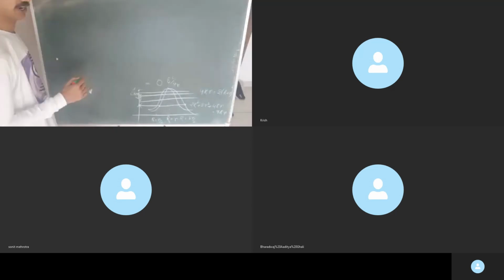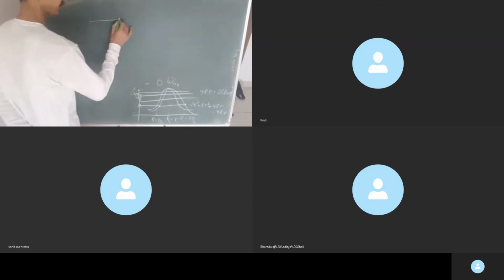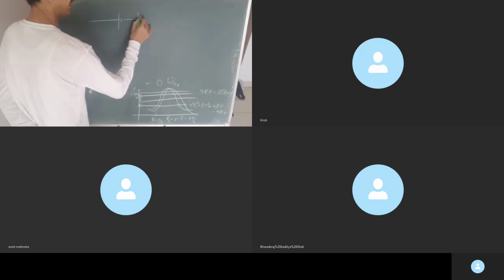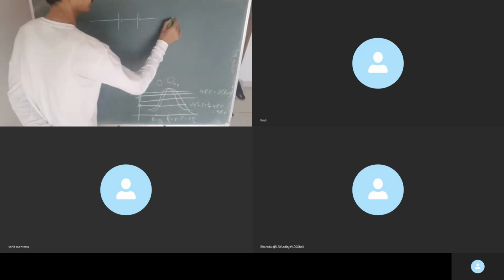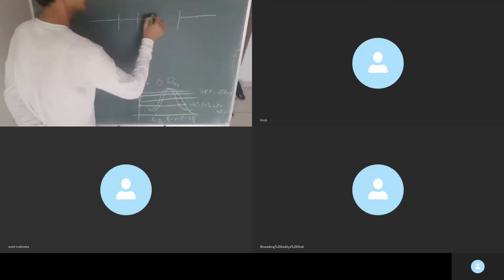So from combination of resistors or grouping of resistors, we are moving to grouping of cells. Please see for yourself. I have taken n cells over here and they are joined in one strand.